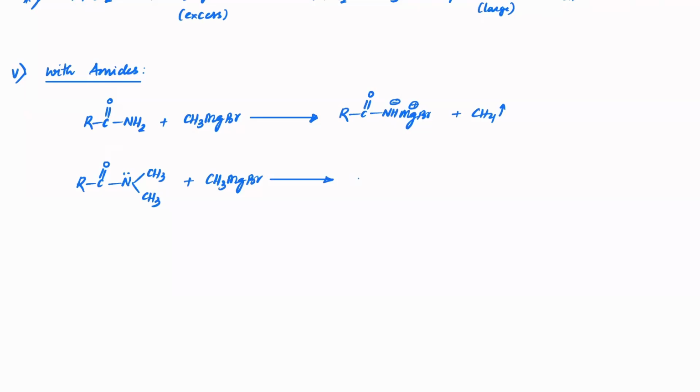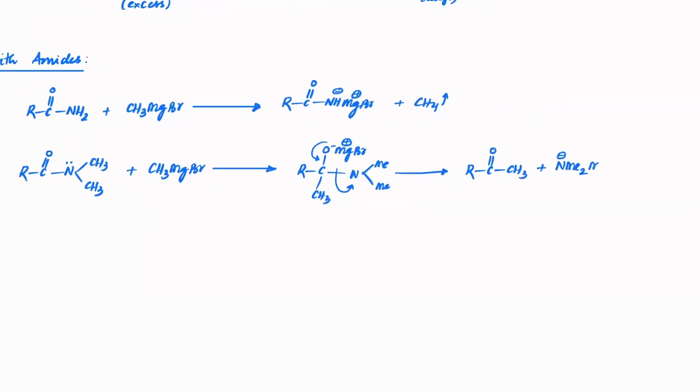So now you will get RCO minus MgBr plus with CH3 and N with two methyl groups, and this will try to convert into a double bond leaving this group. So first you will get a ketone, RC double bond O CH3, plus NMe2 minus and MgBr plus.